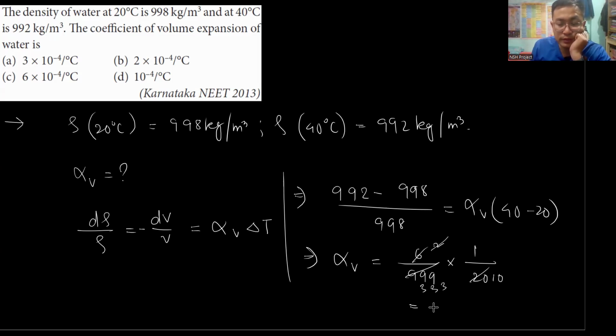This is like 1000 by 333. So 10 to the power minus 3 to the 10 to the power minus 4. So the answer is 3 into 10 to the power minus 4.